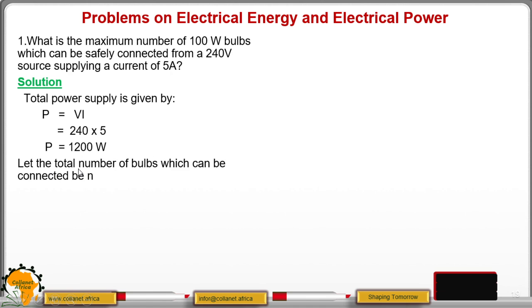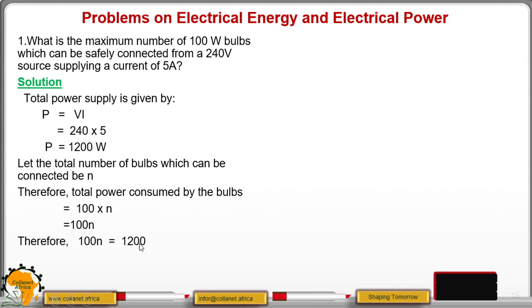Now let the total number of bulbs be n, because now we want to get the number of bulbs. Remember, one bulb is taking 100 watts. Therefore, the total power consumed by the bulbs will be equal to 100 times n. Now, 100n will be equivalent to 1200 watts.